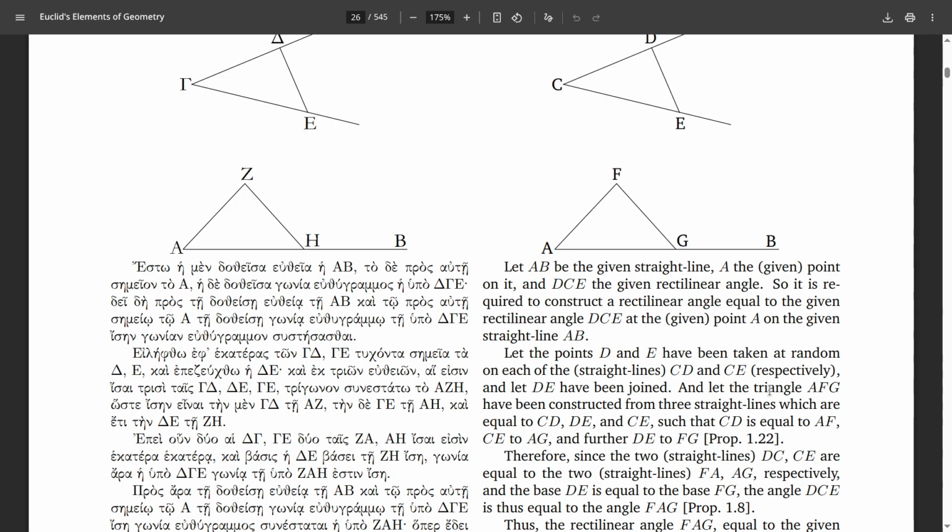Okay. And that should be the same angle as C now, I think. That's just been transplanted.